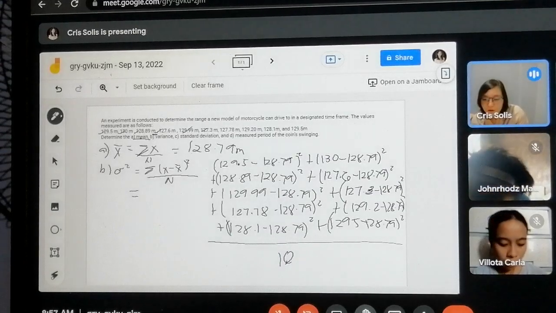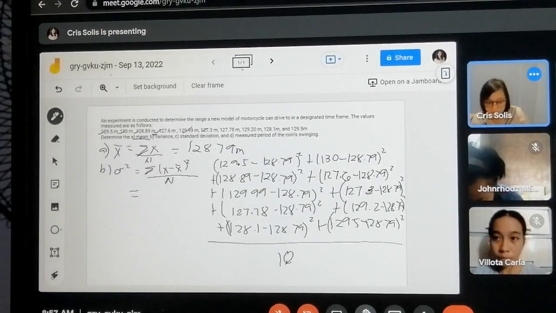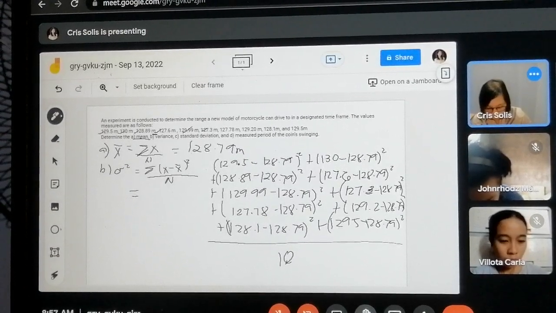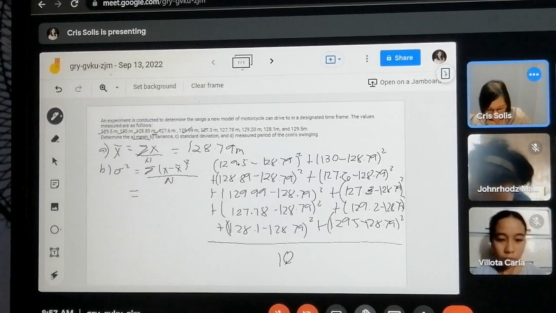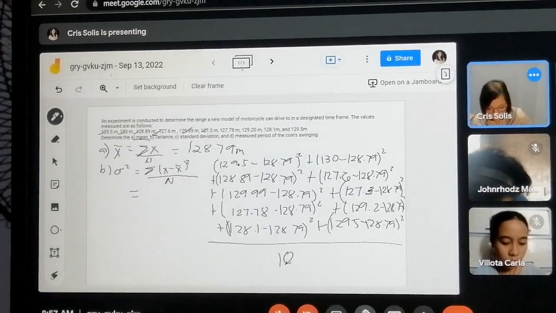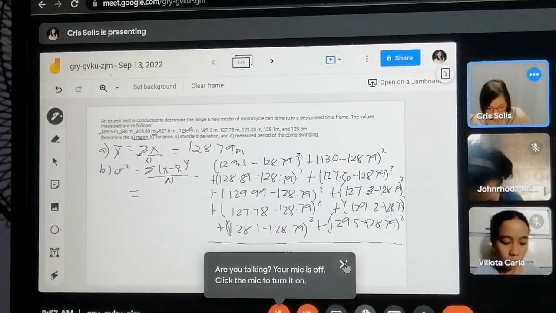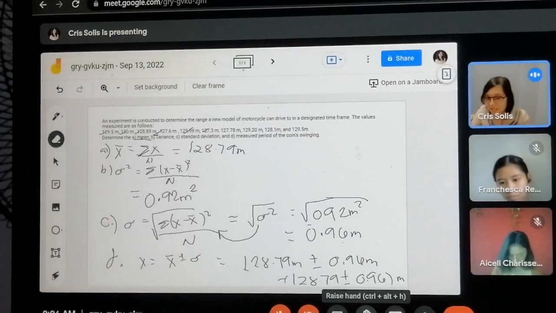So are we going to round off dun sa pinakahuli na, your final answer? Decimal places.